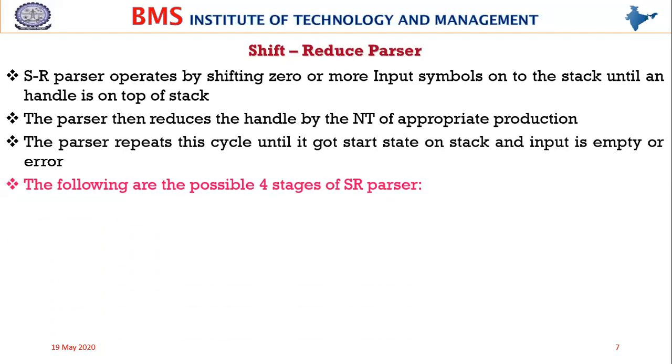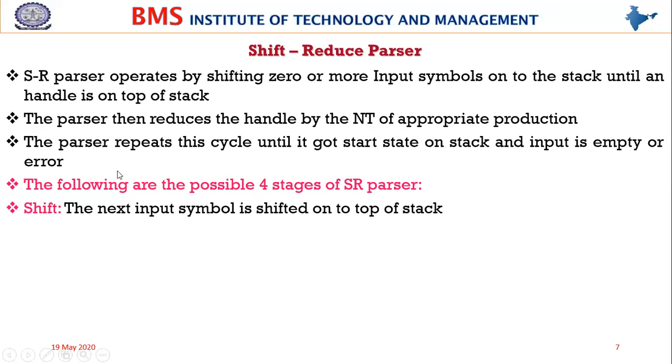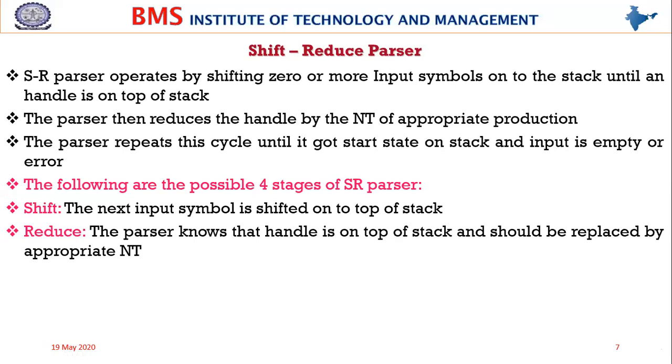Because of these reasons, we have four states in our SR parser. First one, shift action, wherein the next input symbol will be shifted from the input buffer to the stack. Second is reduce. You have an appropriate handle on the stack that can be replaced by a non-terminal. That's what we call a reduce action.